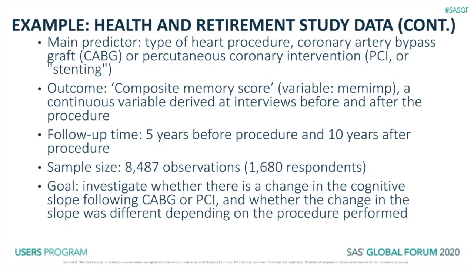We followed the respondents 5 years before the procedure and 10 years after the procedure. The total sample size was over 8,000 observations, corresponding to the over 1,600 respondents that we have in our sample. And finally, our goal was to investigate whether there is a change in the cognitive slope following CABG or PCI, and whether this change in the slope was different depending on the procedure performed.